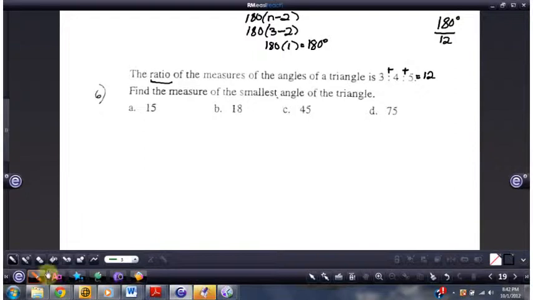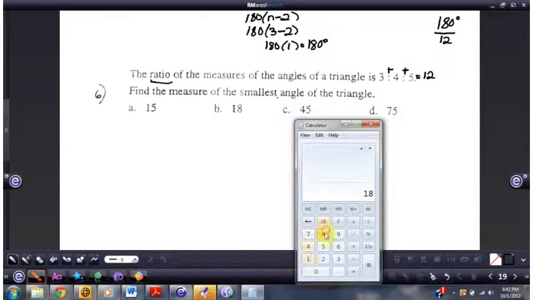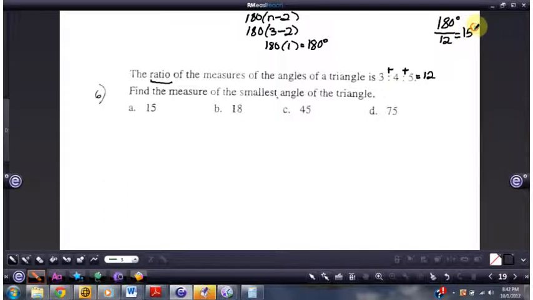That is 15. Okay. Now, I want the smallest. The smallest in the ratio is 3, so I'm going to take my 15, multiply by what I want. I get 45, and the answer is C, and I'm done.